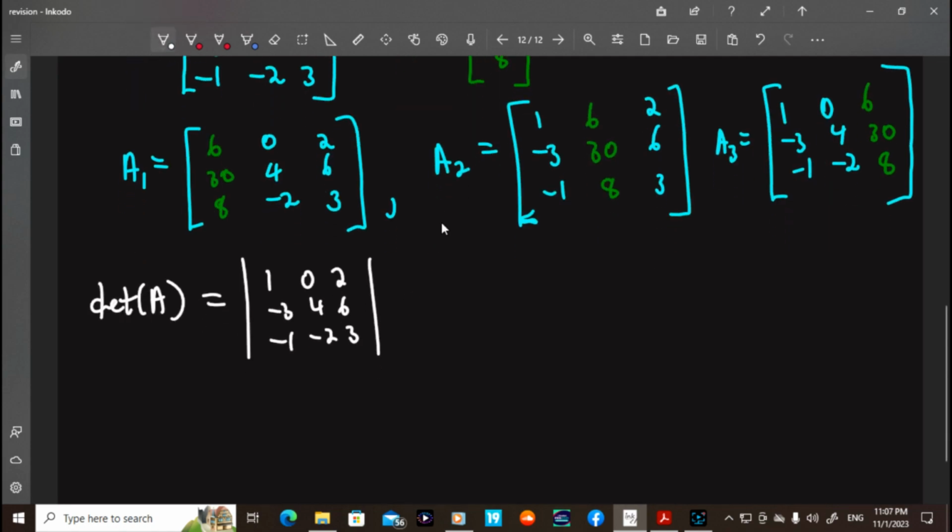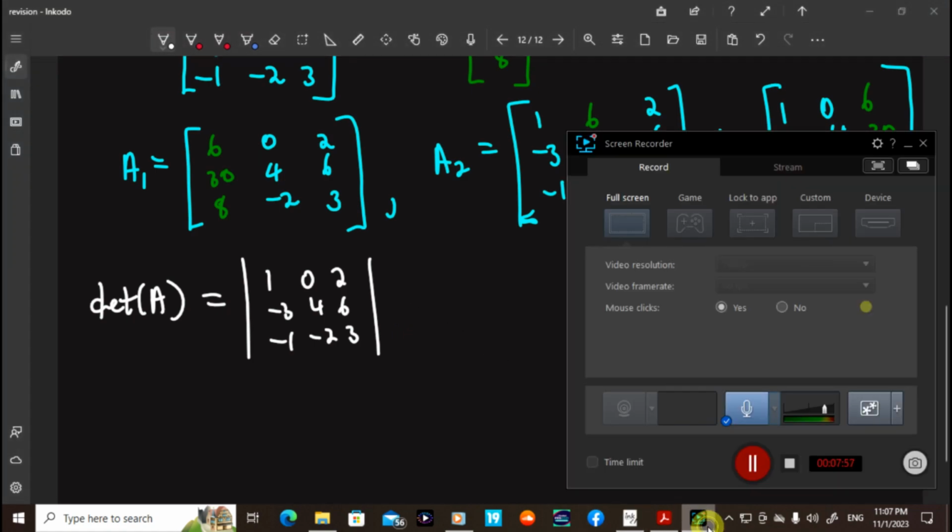Okay, so now let's continue. We can use several methods of calculating the determinant. I will choose cofactor expansion, using the first row because I can see that we have a 0 in there.